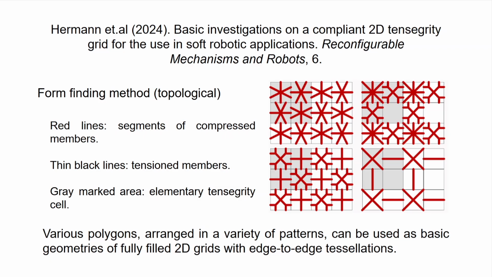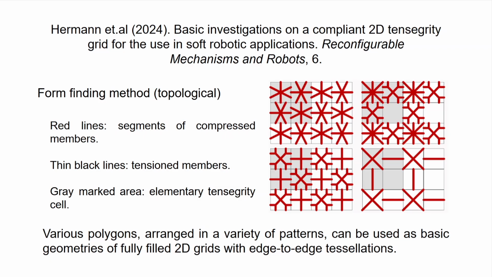This is the paper by Hermann et al., Basic Investigations on a Compliant 2D Tensegrity Grid for the use in soft robotic applications. This is where they have these tensegrity grids, where they're going to do form finding by drawing different structures within each cell of this grid, and they're going to compare the different structures.